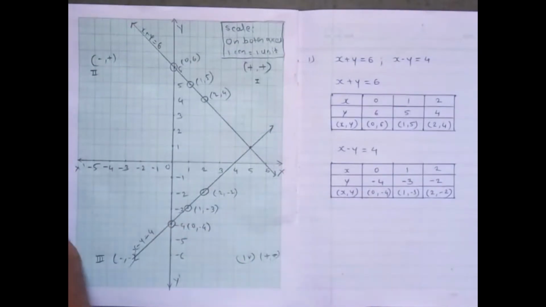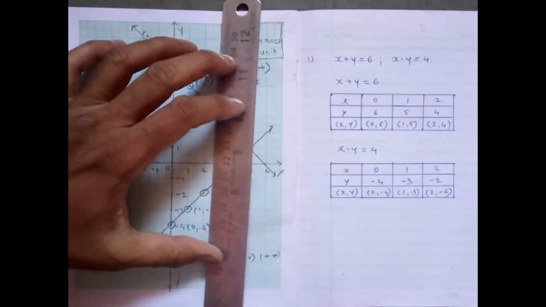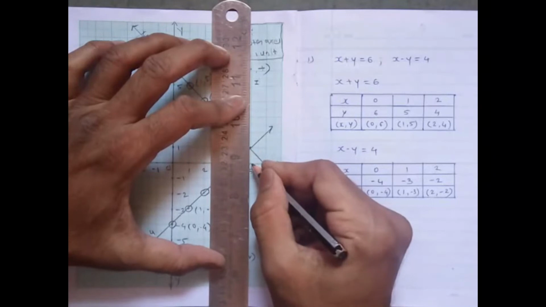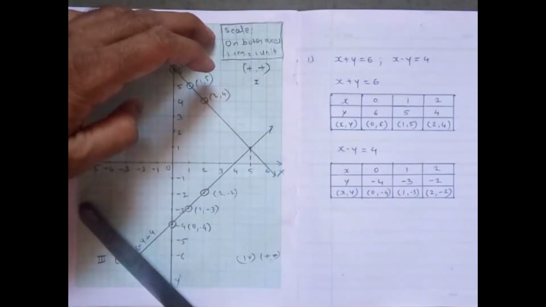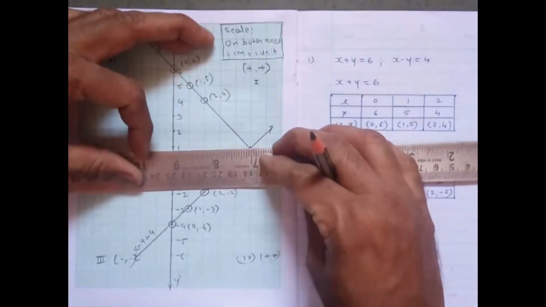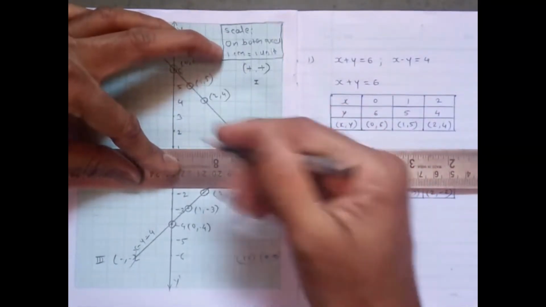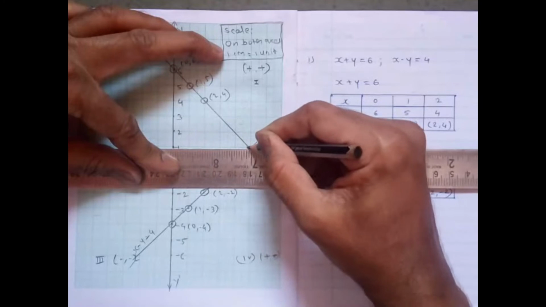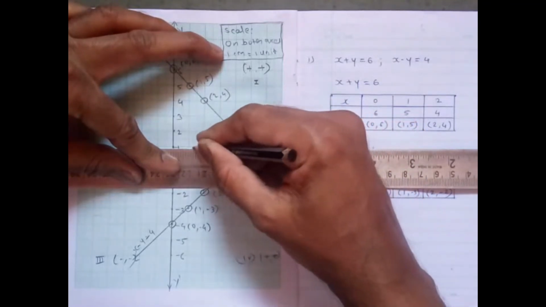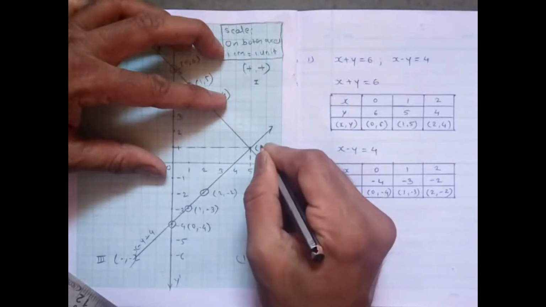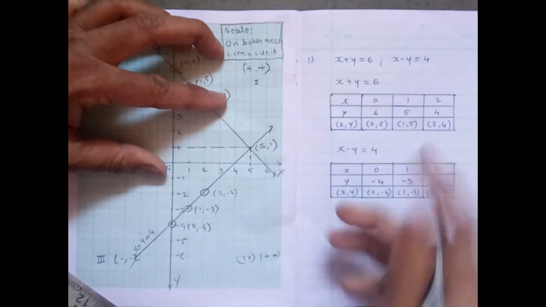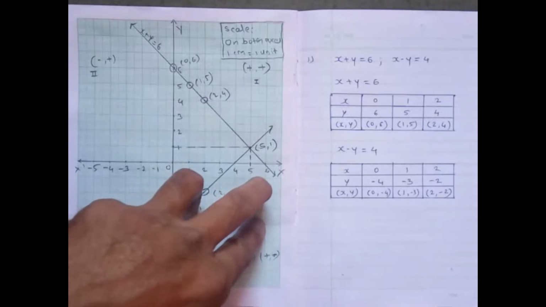So I will find the coordinates of this point. The x coordinate is 5 and the y coordinate is 1. And I will write here the coordinates (5, 1). So this is our solution.